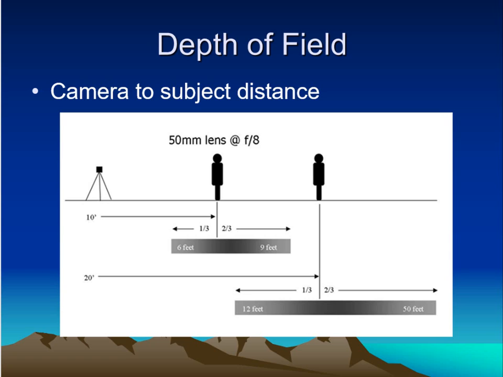So you can see that the farther the subject is from the camera, the more depth of field I have at exactly the same settings. And it's going to work the other way. If I moved the camera closer to the subject, like 5 feet, you can pretty much expect that the depth of field is going to be much less, maybe 3 feet to 4.5 feet or something like that.